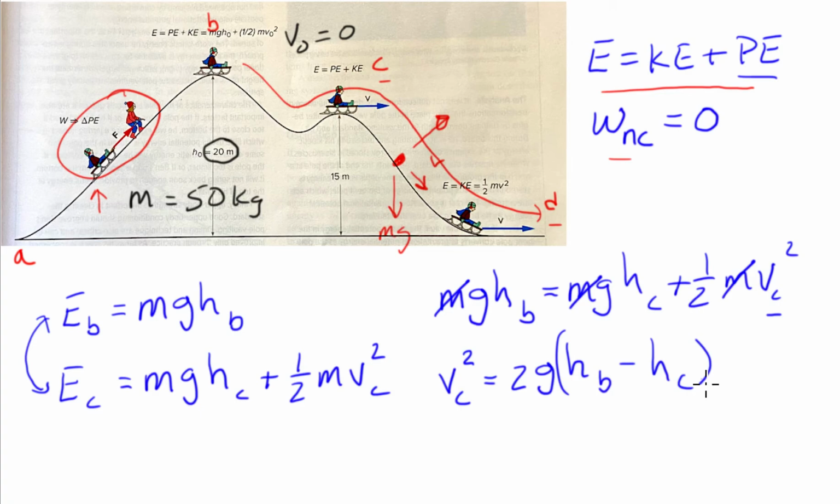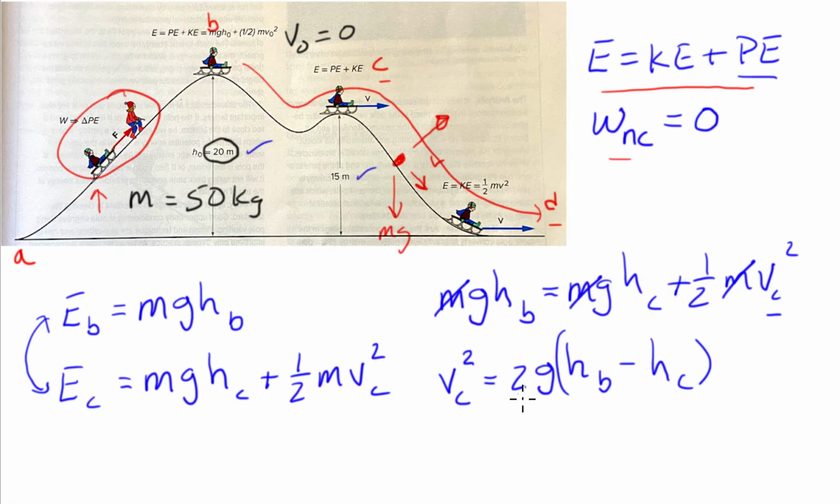So if I want to find out how fast the kid is going at C, then I have to evaluate the formula 2 times g times the difference in the heights. We can do this more or less on the fly. 2 is 2, g is 10, so 2 times 10 is 20. And the difference in the heights between B and C is 5 meters, because I got 20 meters here and I got 15 meters there.